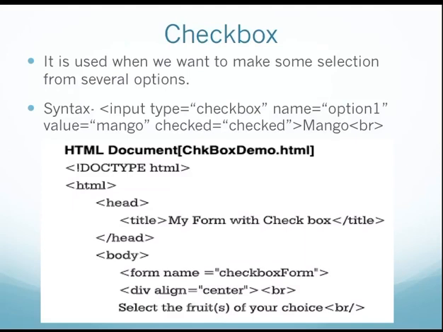Okay, div alignment I've given as center. Then what text have I written? Select the fruits of your choice. So here I am creating a checkbox where I am giving a list of fruits, and I can select multiple fruits from that list. Okay, so select the fruits of your choice, then the break tag.